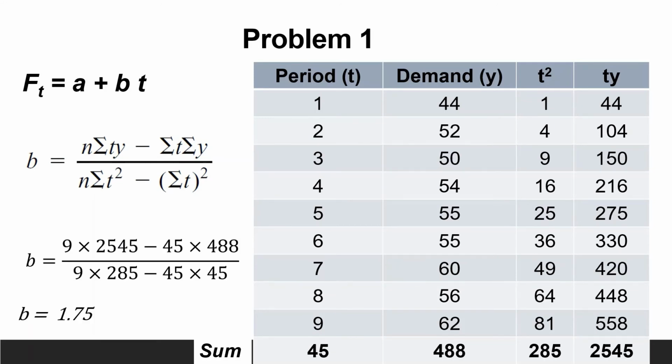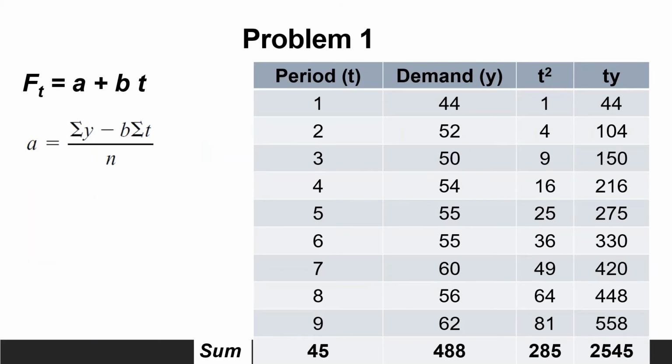Well, substitute in the equation of b. b equals 9 multiplied by 2545 minus 45 multiplied by 488, all divided by 9 multiplied by 285 minus 45 multiplied by 45, which equals 1.75.